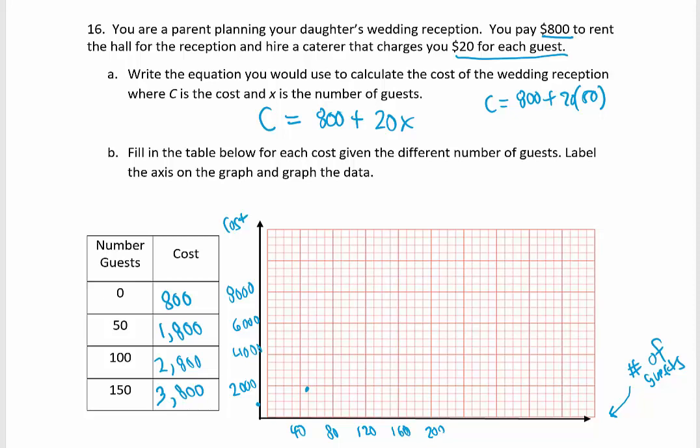So here's 2,000, 2,500, so right about there. And again, I'm not being totally precise here, I'm just estimating, but I'm getting pretty close. And that's pretty good. We could use this now to graph our line for cost versus the number of wedding guests.